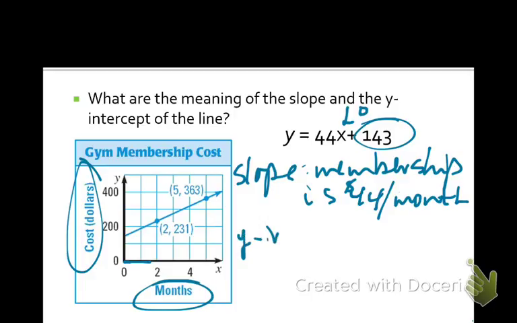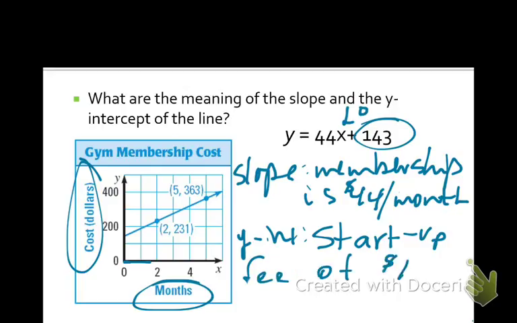So the y-intercept lets me know that there must be a startup fee of $143. Okay? So that's what that means.